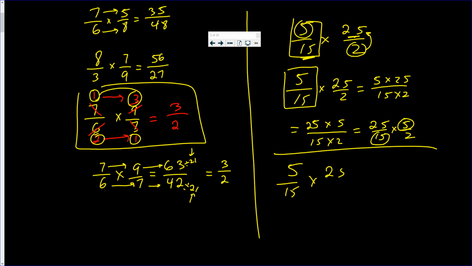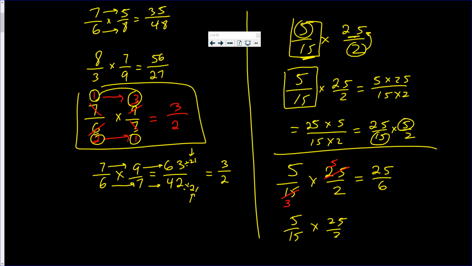So let us do this problem. In fact, we're going to do this problem two different ways. Not very different, but different. I can say that 5 goes into both of these numbers 3 and 5 times, and I can't reduce any more. So I get 5 times 5 over 3 times 2.